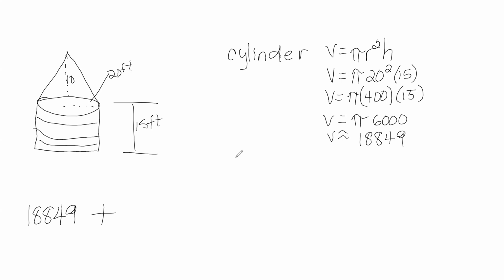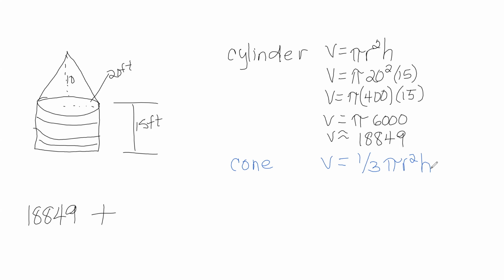So the cone, we need the volume. And what was the formula for volume of a cone? One third times pi times r squared times height. It's 1/3 of the cylinder, right? So 1/3 pi r squared and then the height.